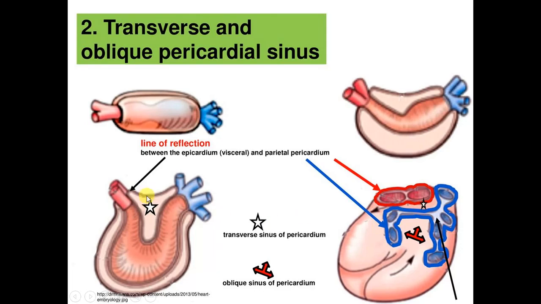This folding creates a sinus between the pulmonary artery and aorta and the base of the heart, that is the left atrium, superior vena cava, inferior vena cava, and pulmonary veins. Here it creates a sinus. Because this sinus is lying transversely, it is called the transverse sinus.